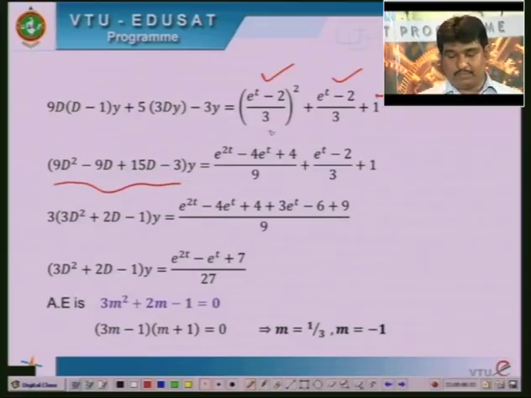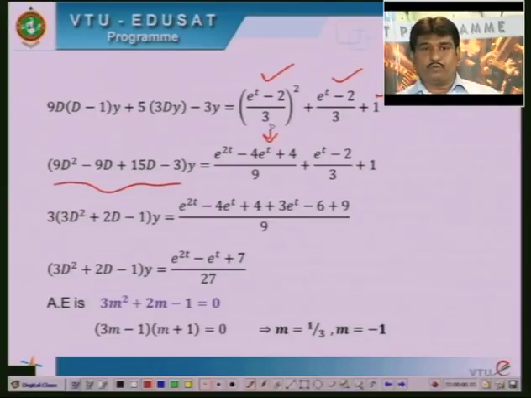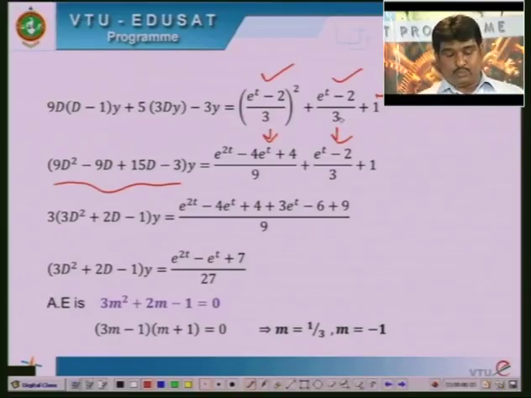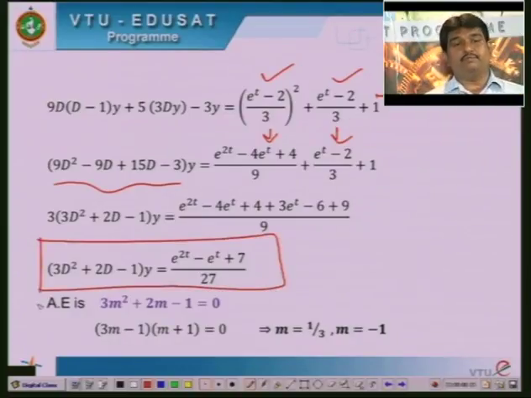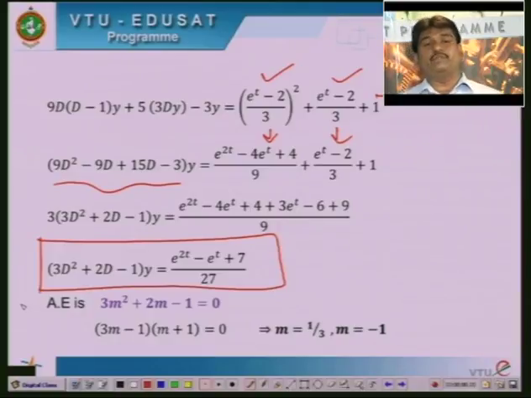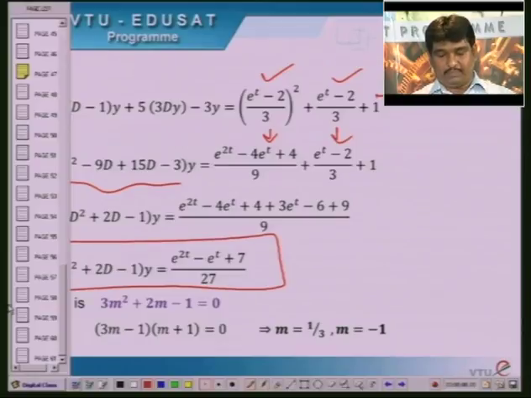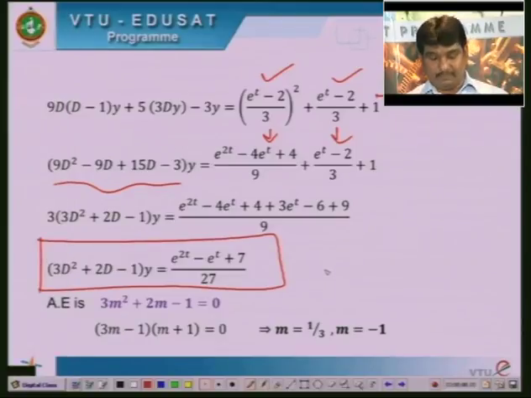You expand this to get (e to the power of 2t minus 4 e to the power of t plus 4) divided by 9, plus (e to the power of t minus 2) by 3 as it is, 1 as it is. You take 3 common here and simplify to get this equation: (3D square plus 2D minus 1) of y equals (e to the power of 2t minus e to the power of t plus 7) divided by 27.